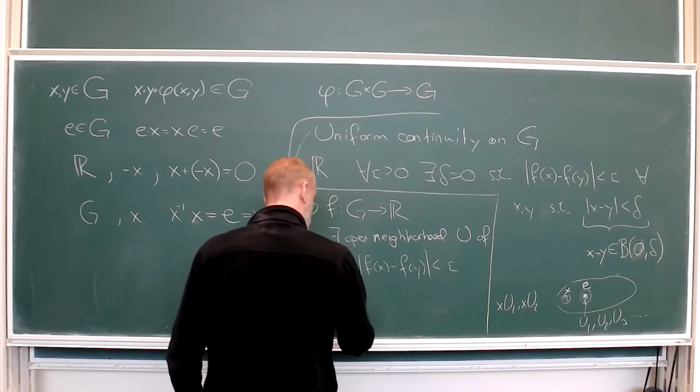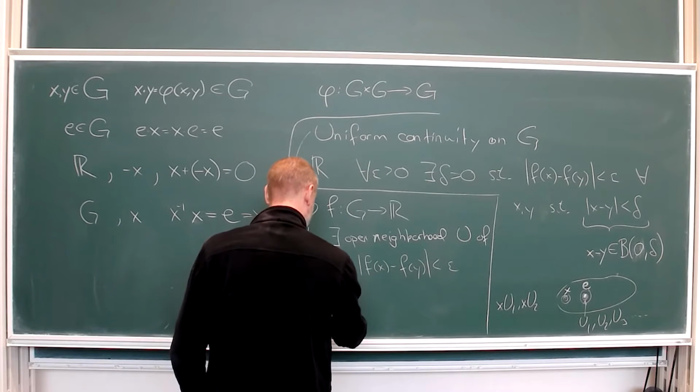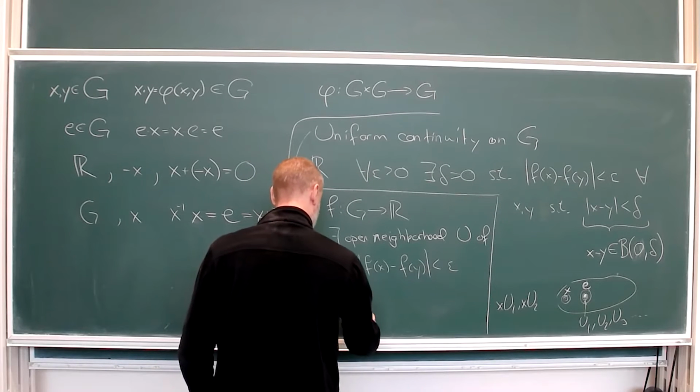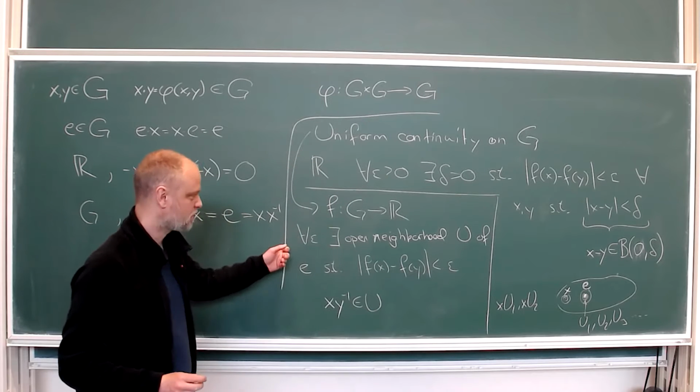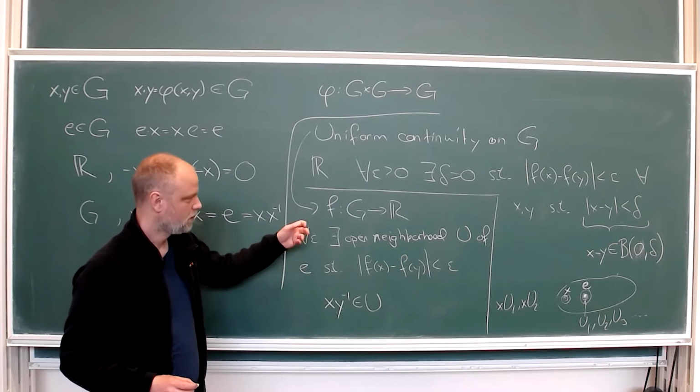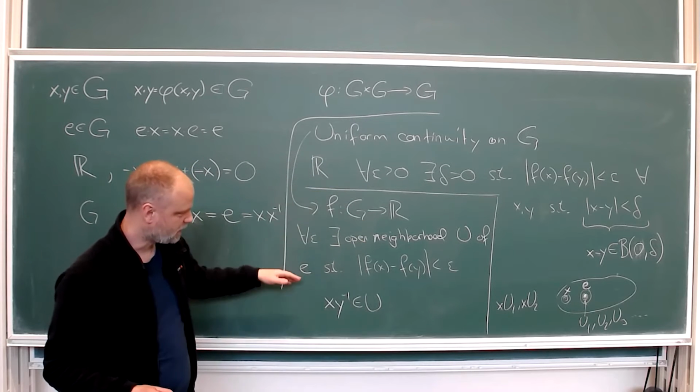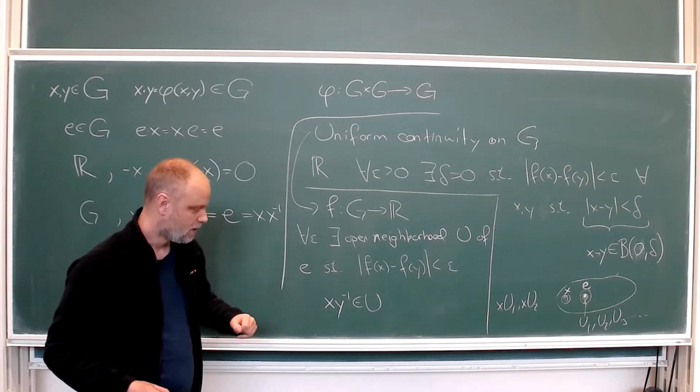So then what we're going to write here is if x y^{-1} is in U. So for every epsilon bigger than 0, there exists an open neighborhood U of the identity. So yada yada.